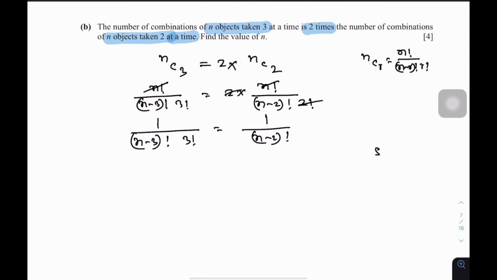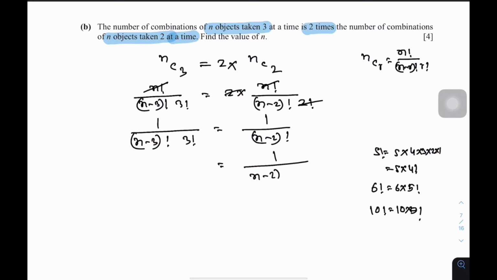We know that 5 factorial can be written 5, 4, 3, 2 into 1, or we can write 5 into 4 factorial. That means 6 factorial can be 6 into 5 factorial, or 10 factorial can be written as 10 into 9 factorial. Same way, n minus 2 factorial can be written n minus 2 into n minus 3 factorial.